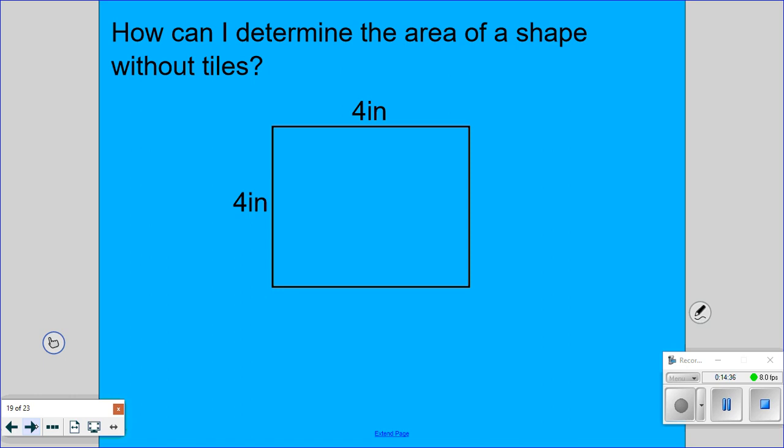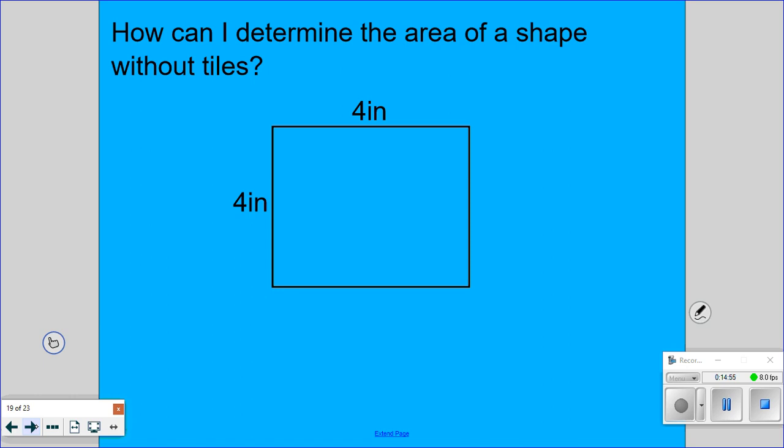This is a 4-inch by 4-inch rectangle. I could also say this is a 4-inch by 4-inch square. It is a 4 by 4.